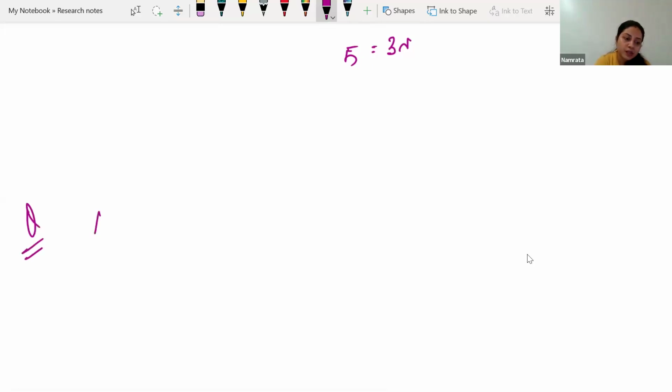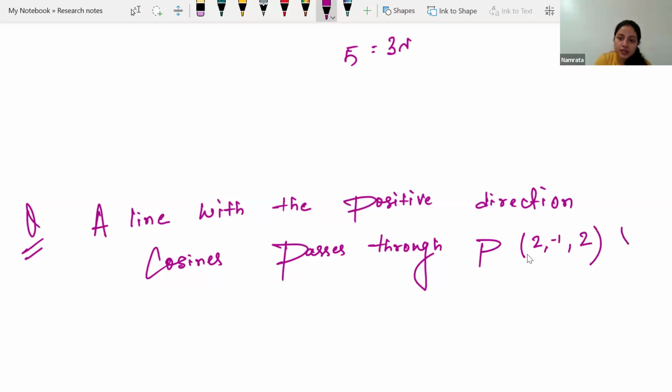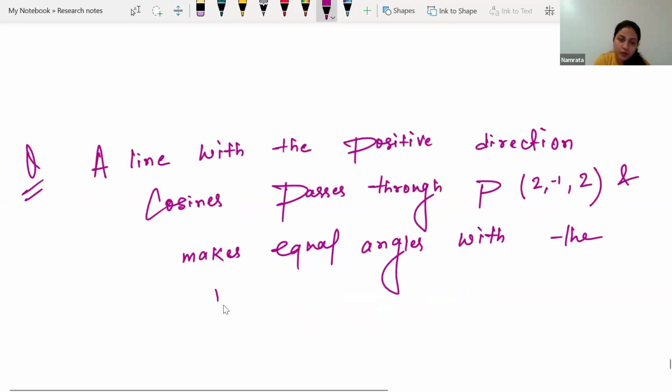The next question: a line with positive direction cosines passes through P(2, negative 1, 2) and makes equal angles with the coordinate axes.